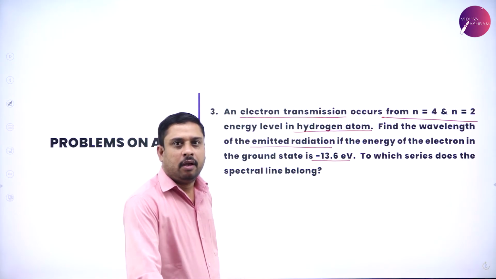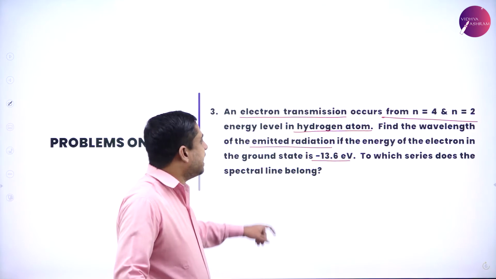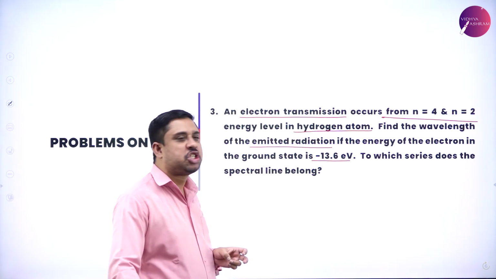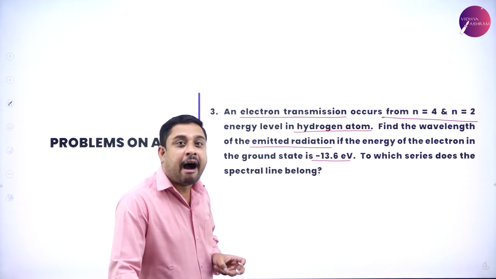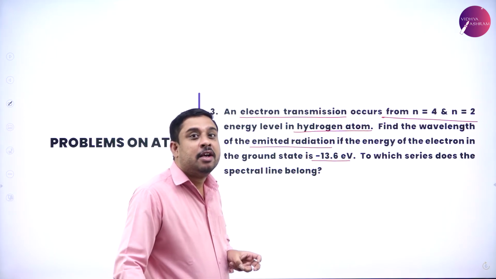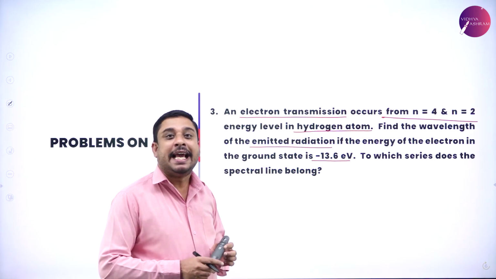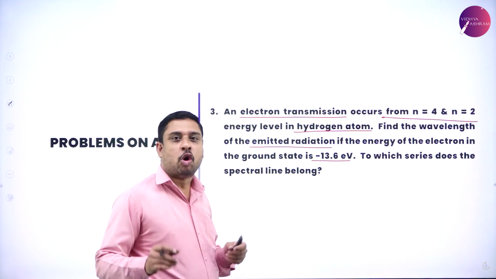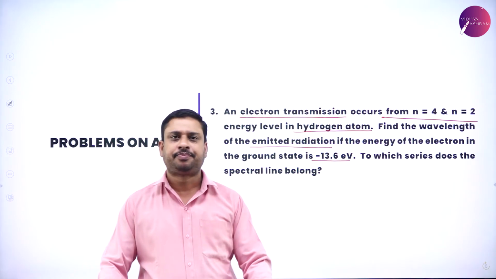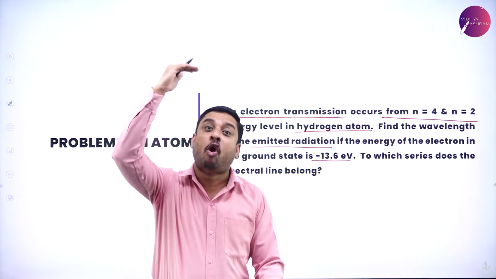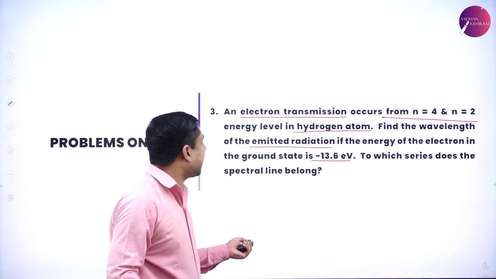The problem says an electron transition occurs from the fourth state to the second state. So, electron is jumping from the fourth orbit to the second orbit.